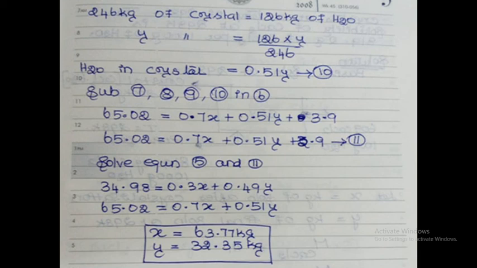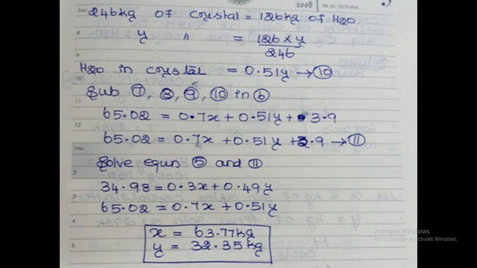So 246 kg of crystal contain 126 kg of water. As per our problem, Y kg of crystal contain how much kg of water? Cross multiply: 126 into Y divided by 246. So water in crystal is 0.51 Y. This is the 10th expression.